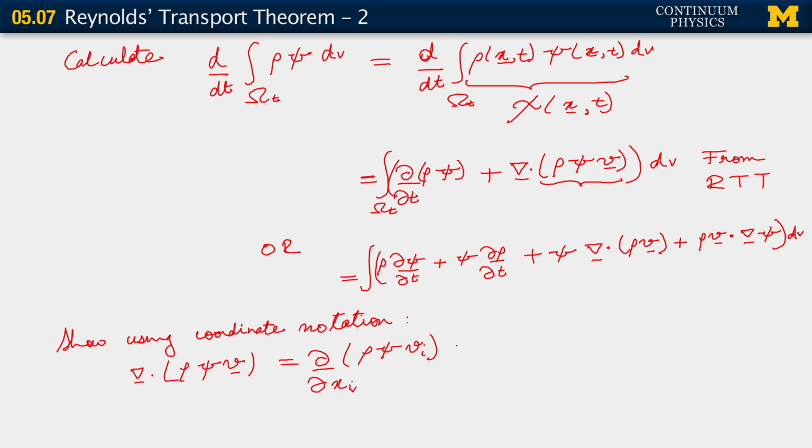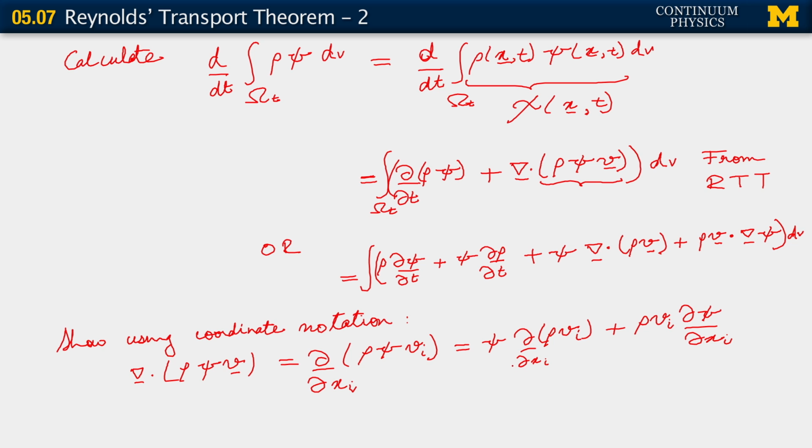So when we do this, we get psi times the derivative with respect to x_i of rho v_i plus rho v_i times the derivative of psi with respect to x_i.